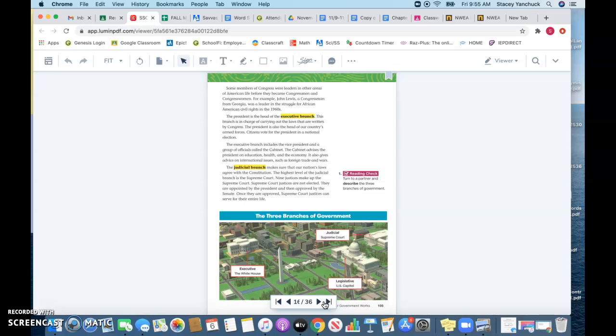So one of the Supreme Court justices actually just died. She passed away, and it was really, really sad. What ended up happening is that they were looking for someone else to take her place, because there always has to be 9 justices. They had a couple of people who were recommended.